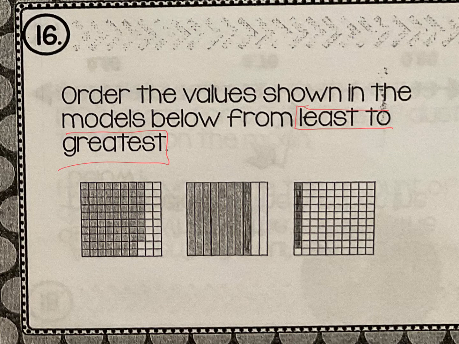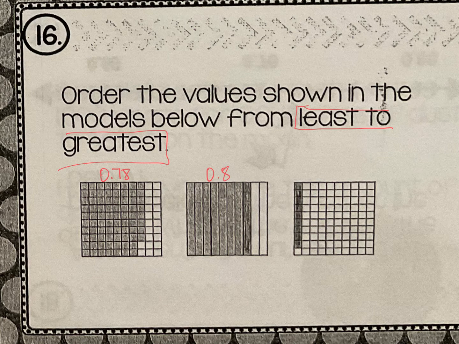Okay, what is this first one written as a decimal? What would it be, Riley? 78 hundredths, okay. What's the next one written as a decimal? David? 8 tenths, good.